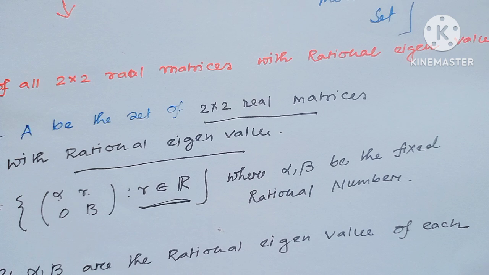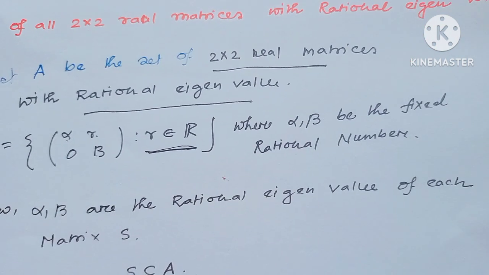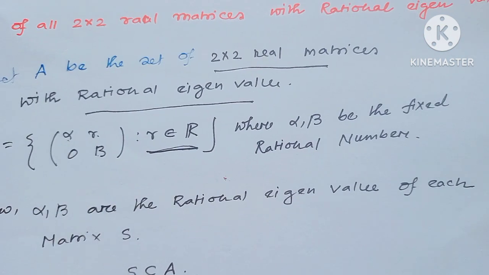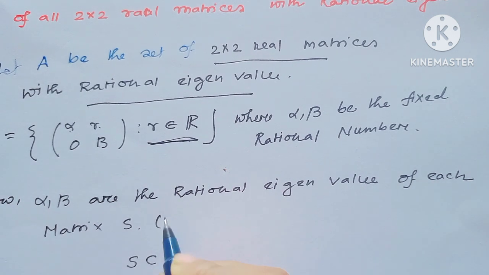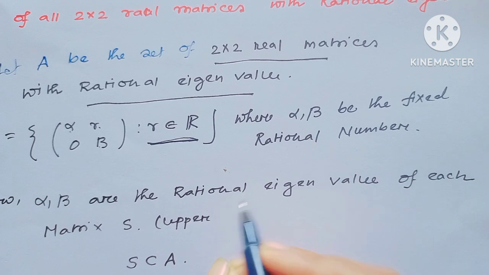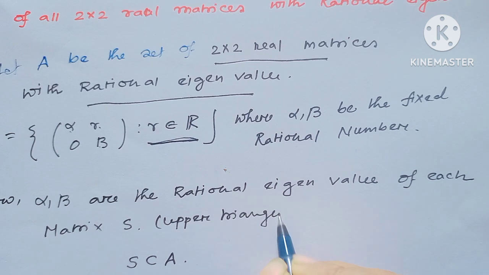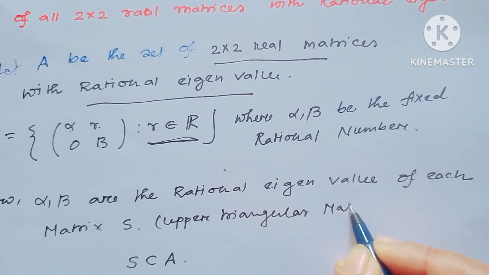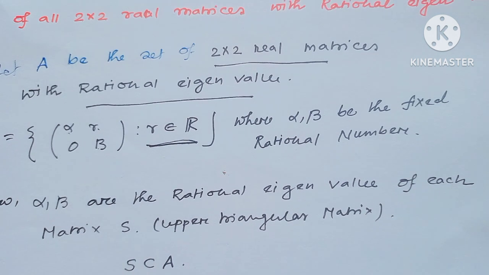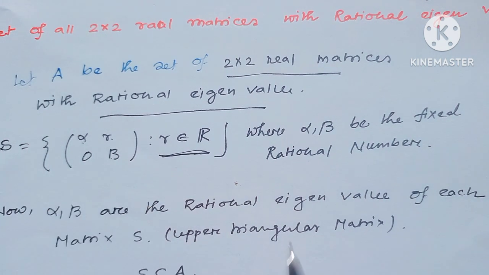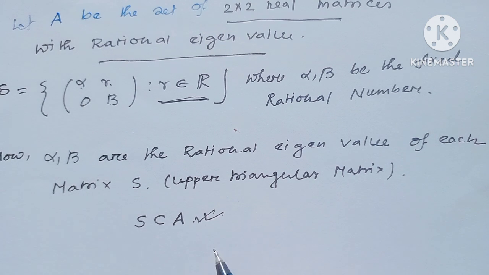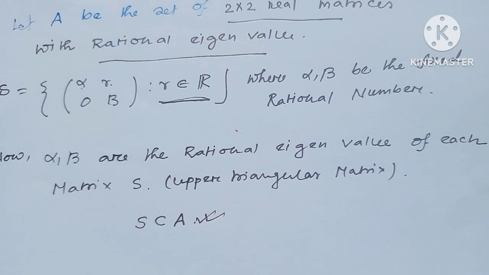That means alpha and beta are rational eigenvalues of each matrix in S, where S is the set of upper triangular matrices, and A is the set of all 2 cross 2 matrices with rational eigenvalue. Obviously S is contained in A.